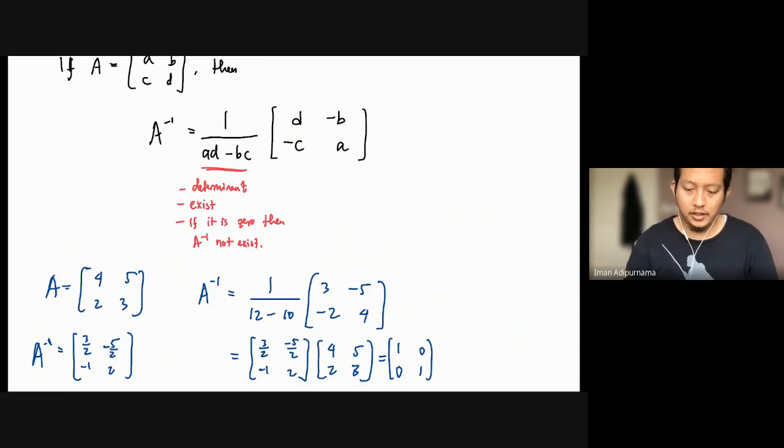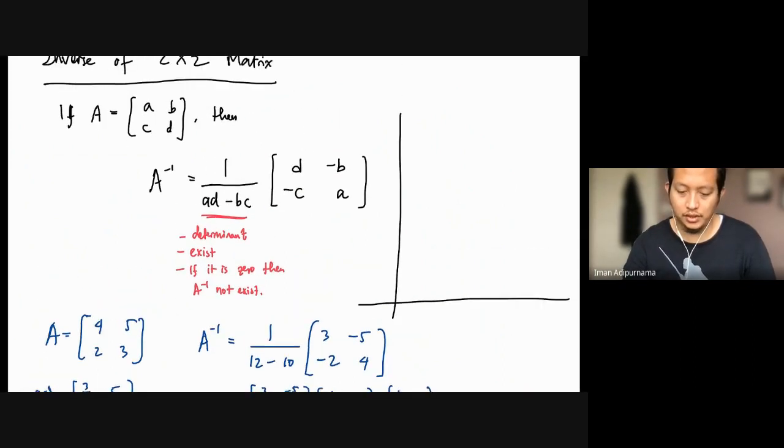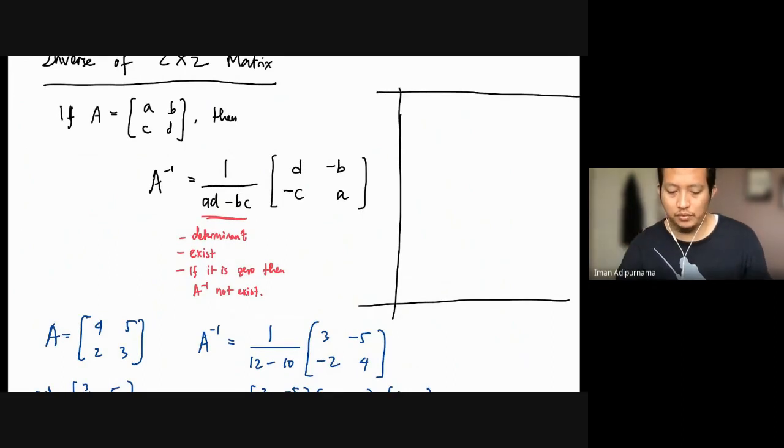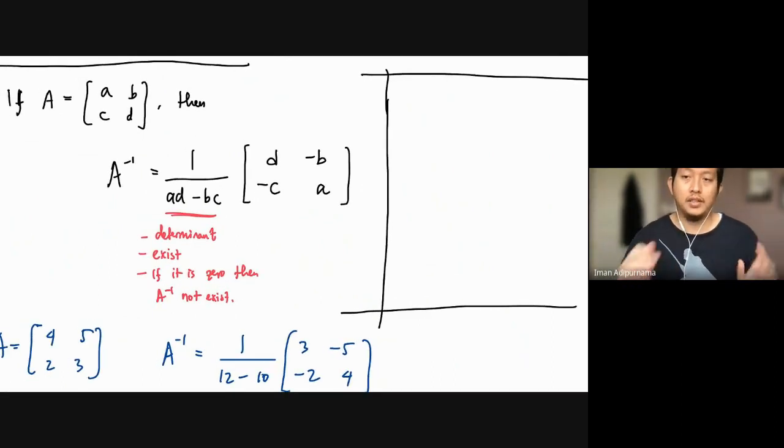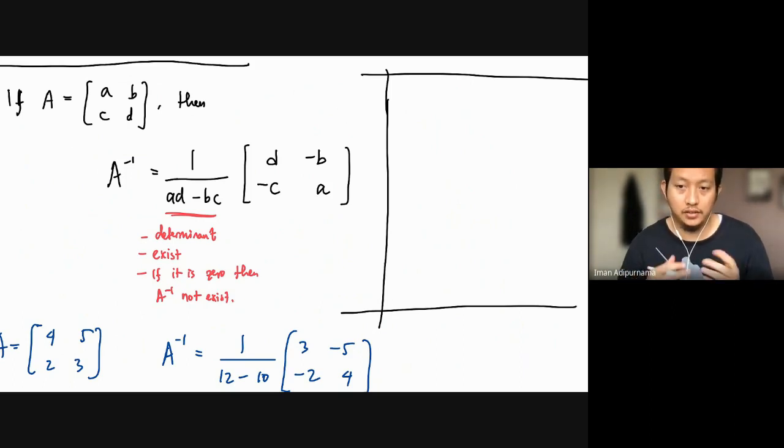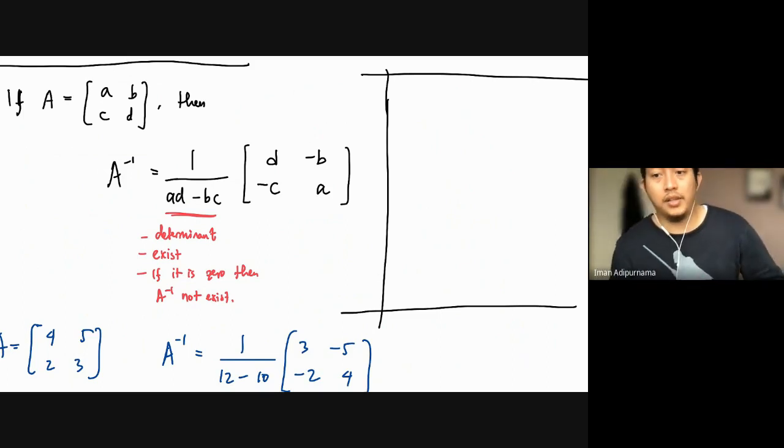Another way to look at this, because we know the identity is this, let me make some line here to make some additional notes. This is just to remind you what we have learned before and how we connect this inverse with the linear equations that we already applied, like Gaussian elimination, Gauss-Jordan, and everything.